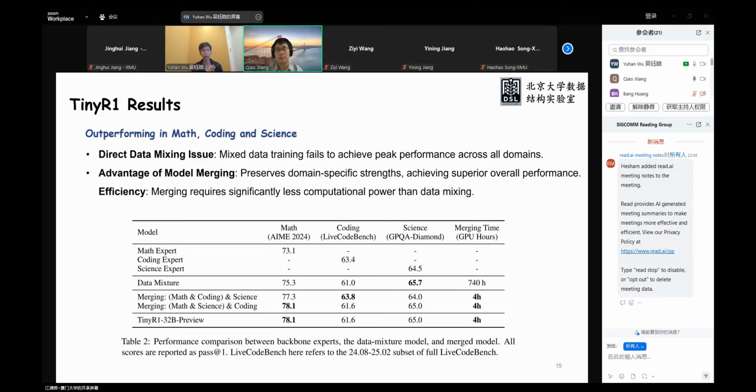But as you just said, the industry didn't use model merging a lot, so there must be a reason for that, right? We can clearly observe that model merging consumes much fewer hours than data mixture, but what's the downside of model merging?